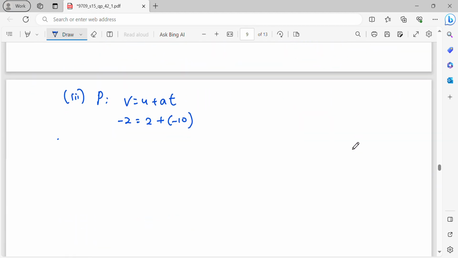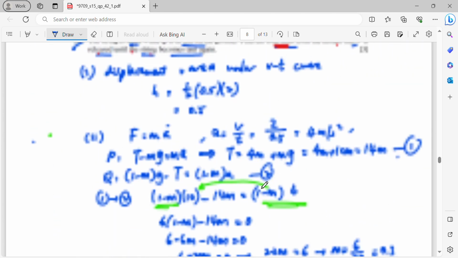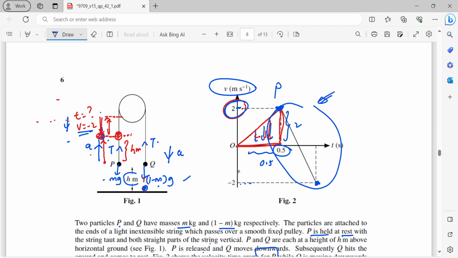The T is unknown. Therefore, I will get -4 equals -10t. Then my T will be 4/10, which is 0.4 seconds. This is to go back to the H meters here. So going up and down, I get T equals 0.4 seconds.